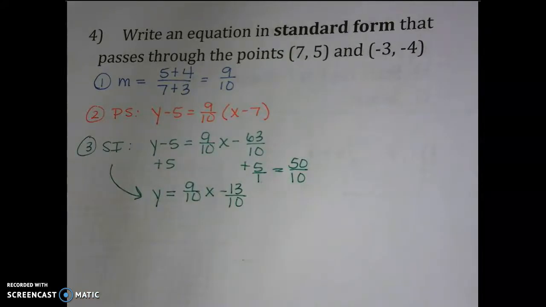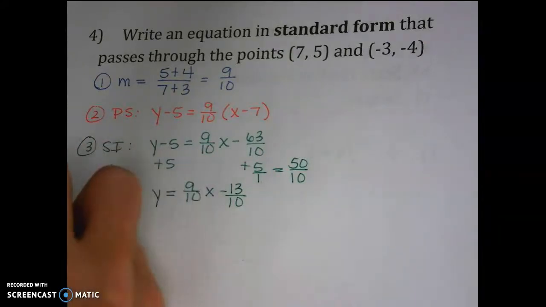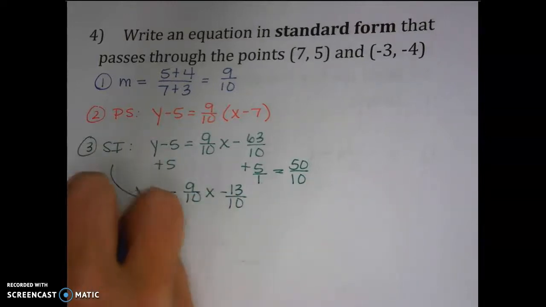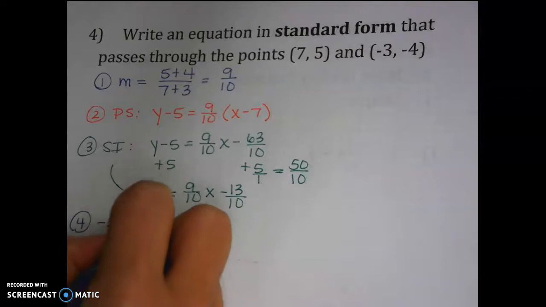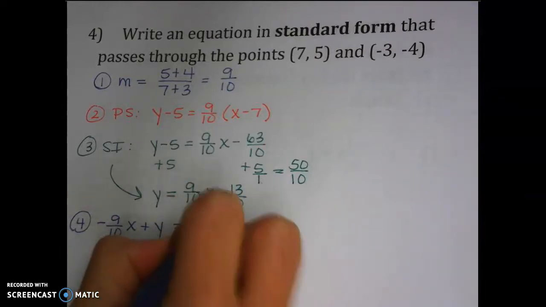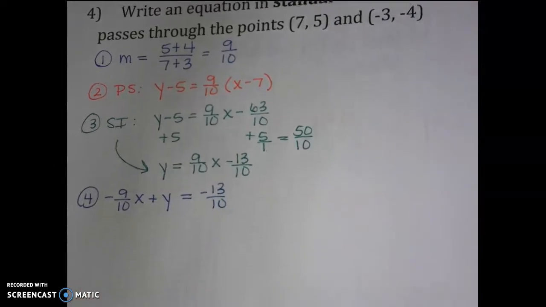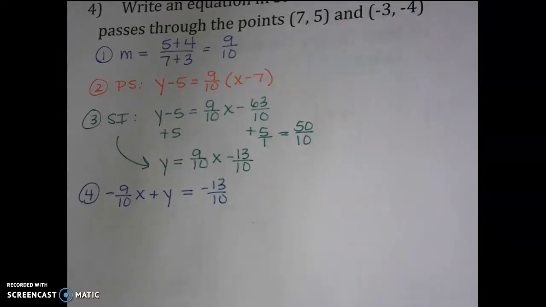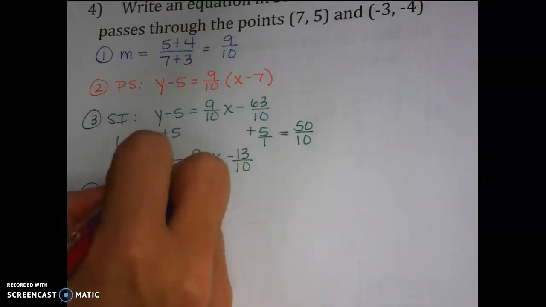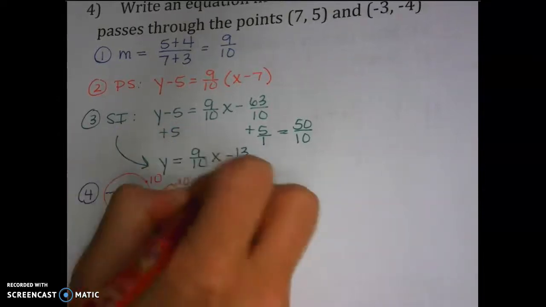But we're trying to get to standard form. So the next thing we're going to do is move our x value over to be with our y value. Since it was positive, we're going to make it negative to move it to the other side. And then we need to eliminate fractions. So since our LCD is 10, we're going to multiply all 3 parts by 10.